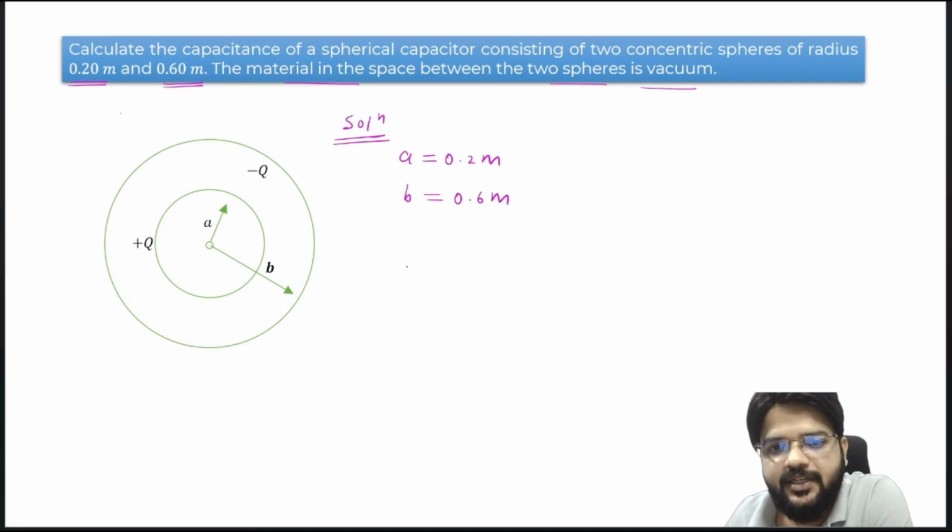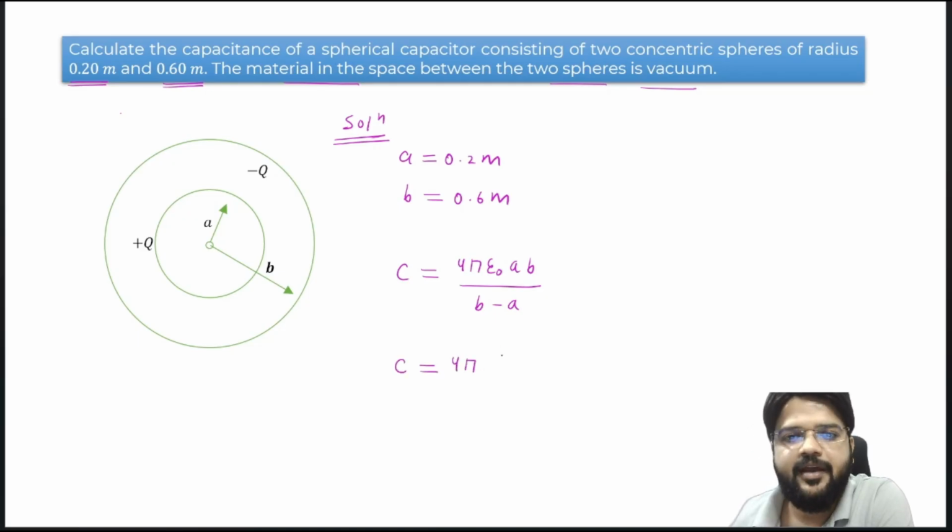So we want the capacitance. Capacitance can be written as 4 pi epsilon naught AB by B minus A, correct? So the 4 pi epsilon naught value is 8.85 into 10 raised to minus 12.